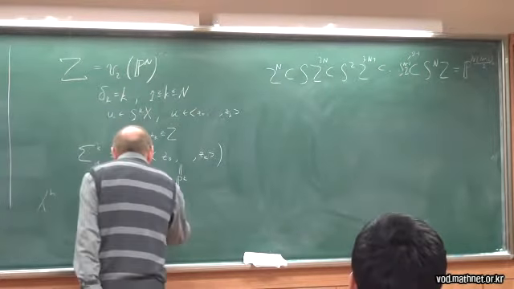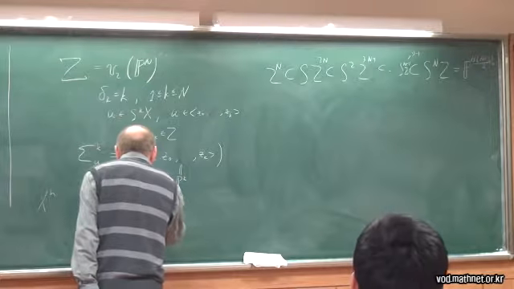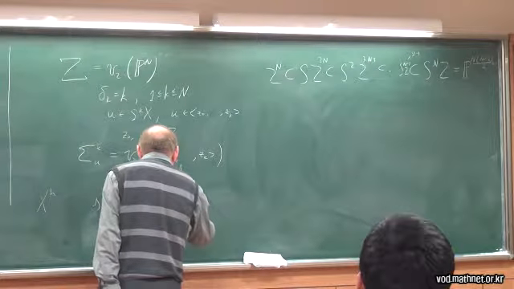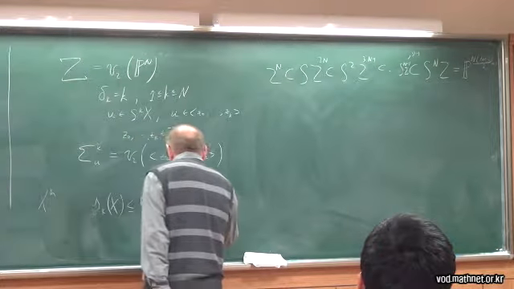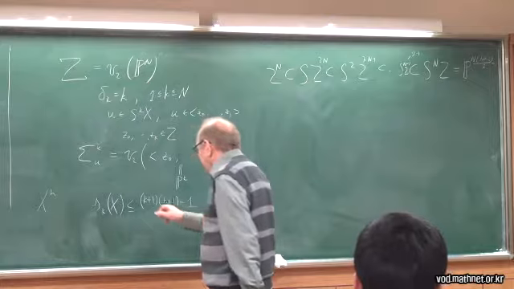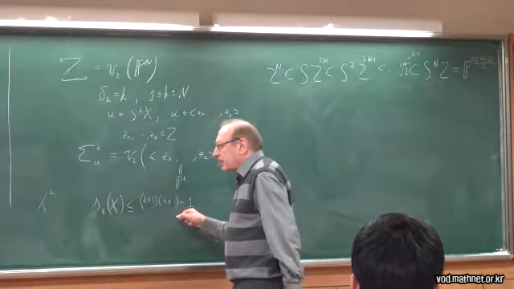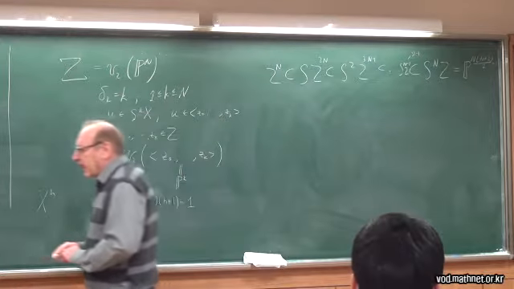It's (k plus 1)(n plus 1) minus 1, I think. So for example, for k equal to 1, we get 2n plus 1. This is the largest possible dimension.